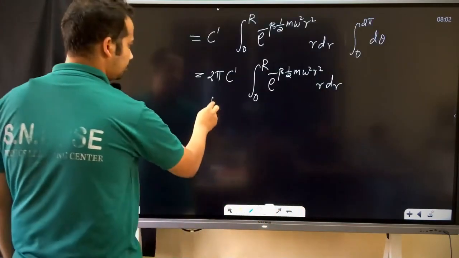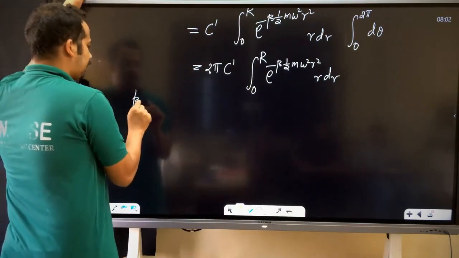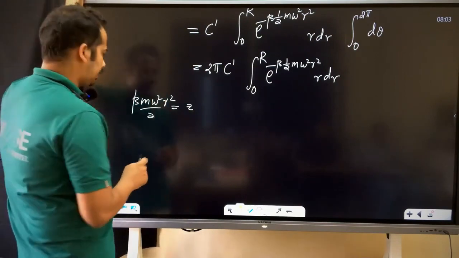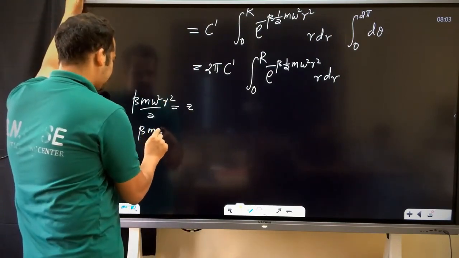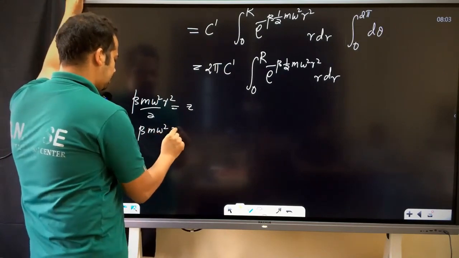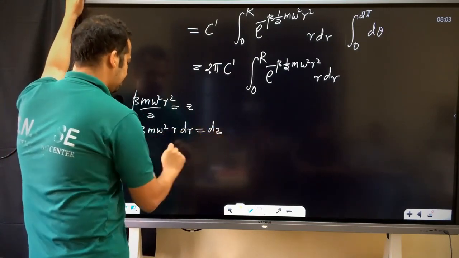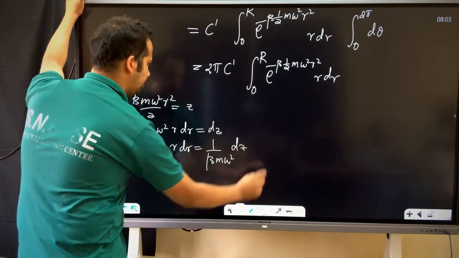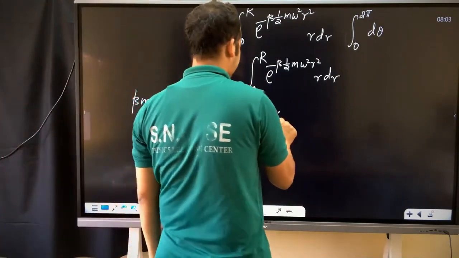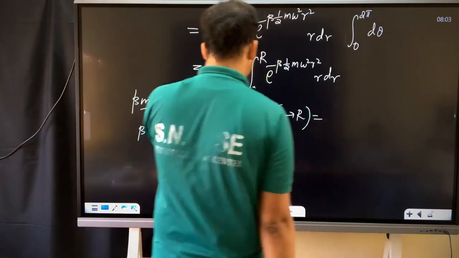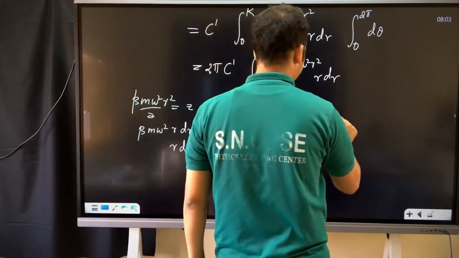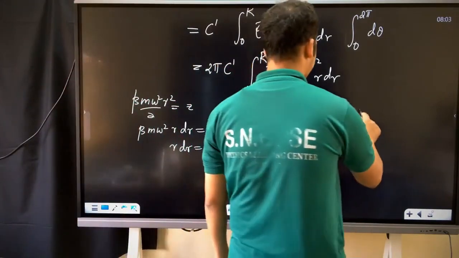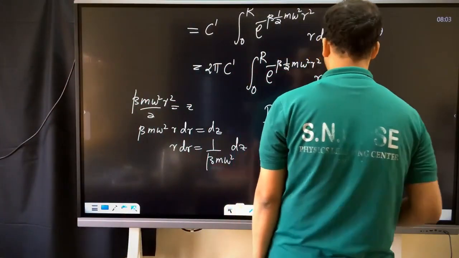What you do? I'll write beta m omega square r square by 2 as z. So beta m omega square 2r dr is equal to dz, so r dr is equal to 1 by beta m omega square dz. So this probability from 0 to capital R is nothing but 1 by beta m omega square.